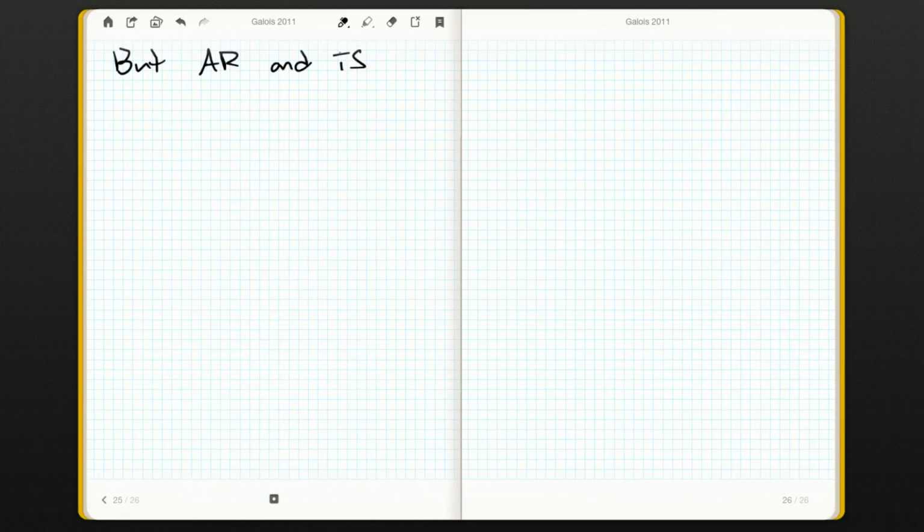But AR and PD intersect at Q. So opposite angles should be the same, so that's AQP should be the same as angle RQD. Shouldn't be TS, it should be PD here.